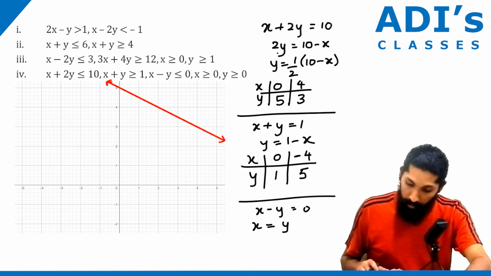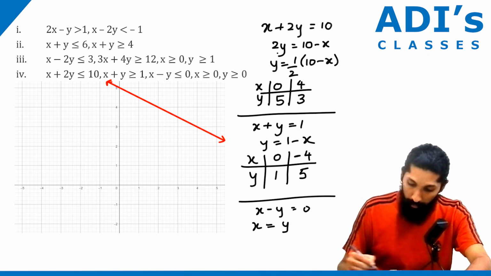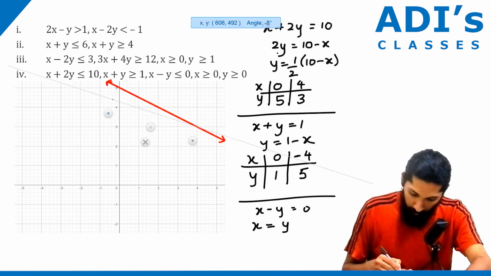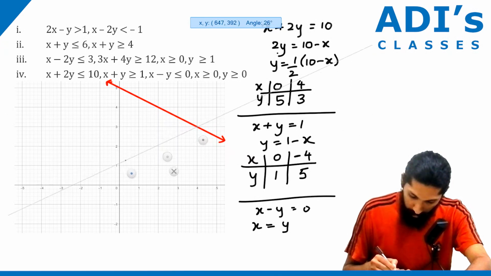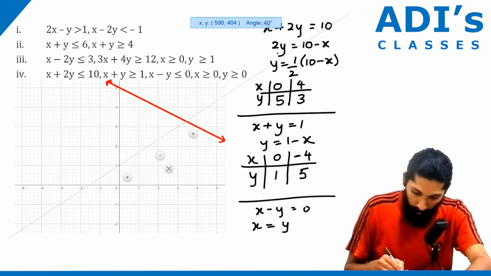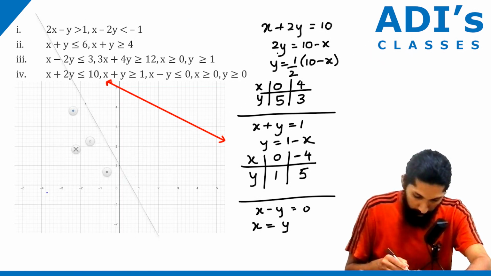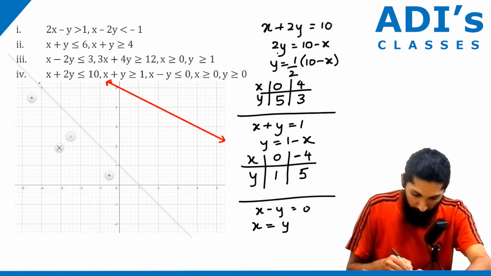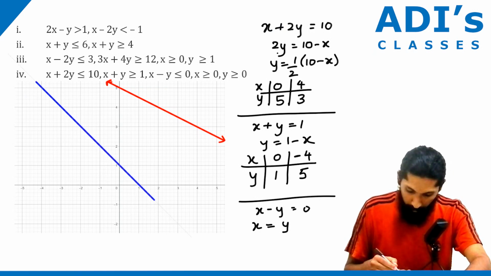The next line is what? When x is 0, y is 1. Next, when x is minus 4, y is 5. This is going to be the line.